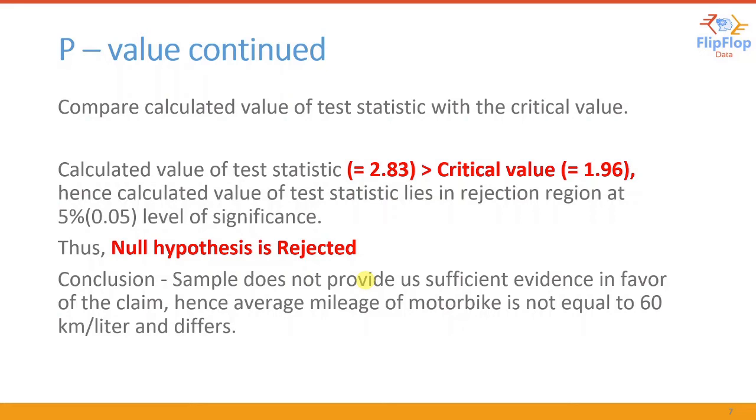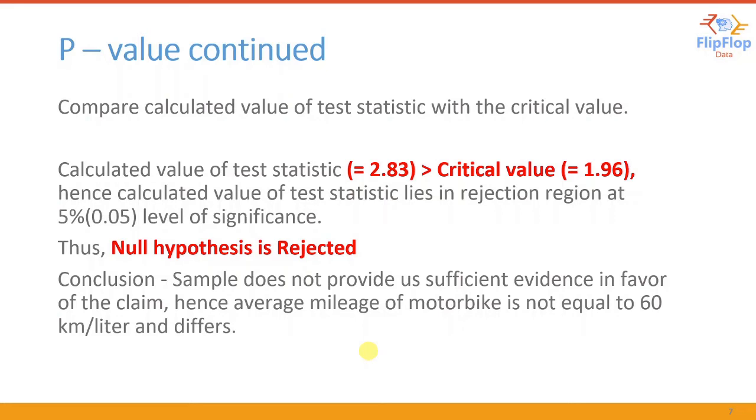Critical value, in the sense z score critical value 1.96, which means that the calculated value of test statistic lies in the rejection region at 0.05 level of significance, and we reject the null hypothesis. So we conclude that this sample does not provide us sufficient evidence in favor of the claim.